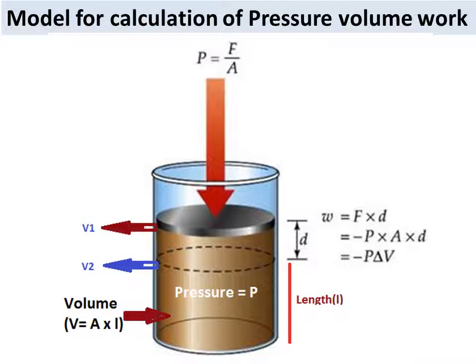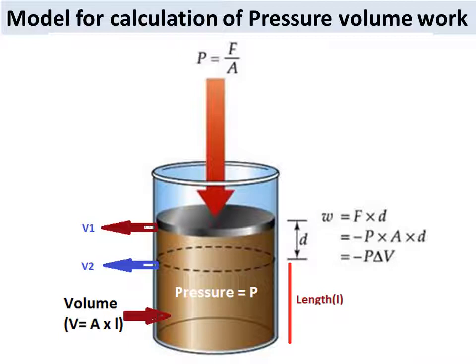What is work? Work is force into distance. We are applying a force, so let that force be F, and let the piston move a small distance d. So work can be calculated: work is equal to force into distance.